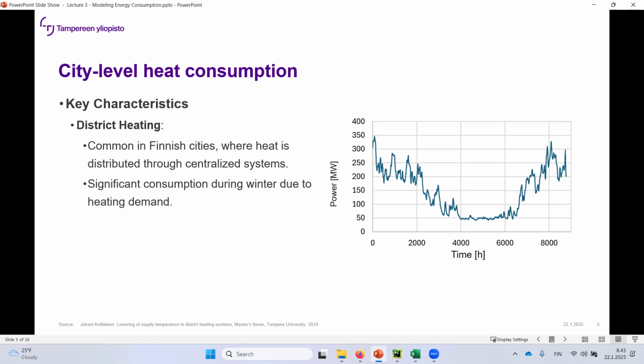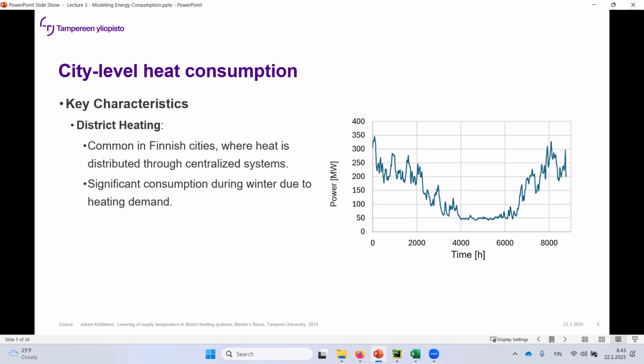But as you can see from here, the individual spikes, I guess this is some daily or weekly average or something like that. So the spikes can be much higher. So in here it's 50 megawatts, but you have to have almost 10 times more capacity than the minimum amount.